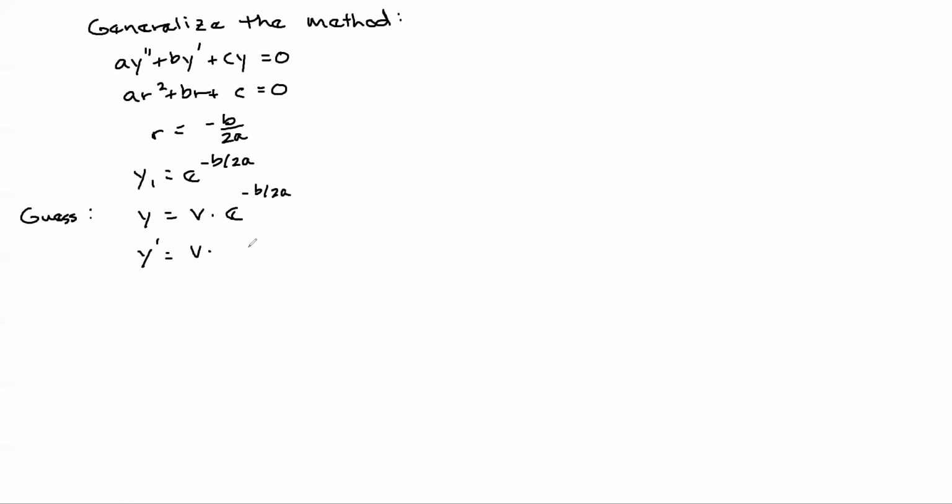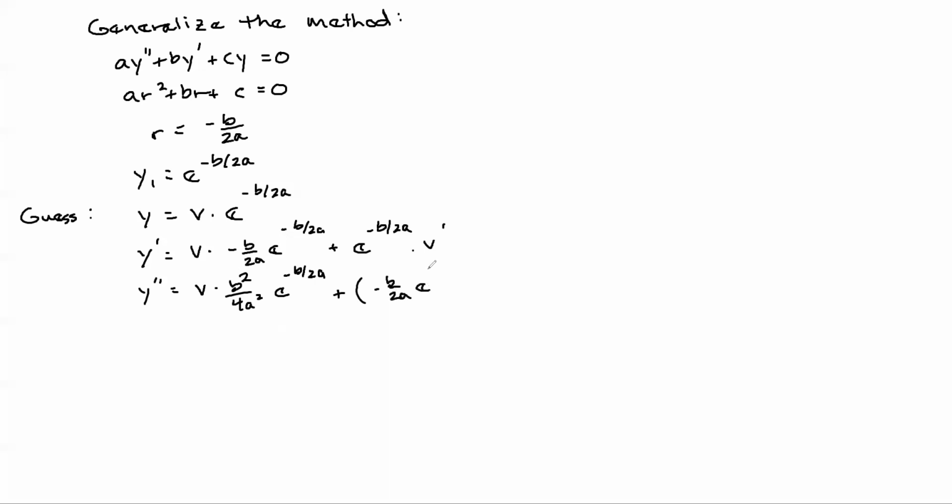So you get first times the derivative of the second plus the second times the derivative of the first. And then for y double prime, we have first times the derivative of the second plus the second times the derivative of the first.